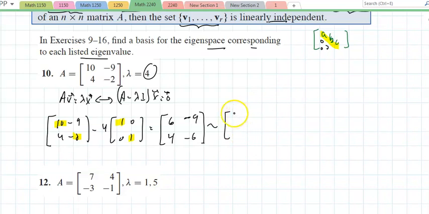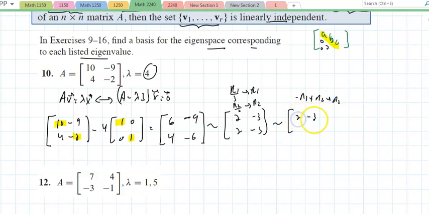If I divide the top by a 3, that's 2, negative 3. And if I divide the bottom by a 2, it's very simple now to see that if you take negative row 1 plus row 2 and row 2, remember, I'm putting the 0, 0 on the right of the augmented matrix, but that's the assumption.